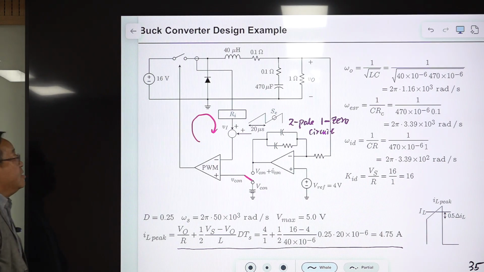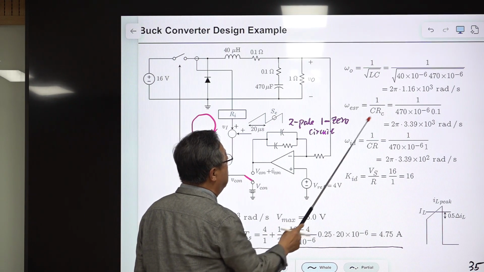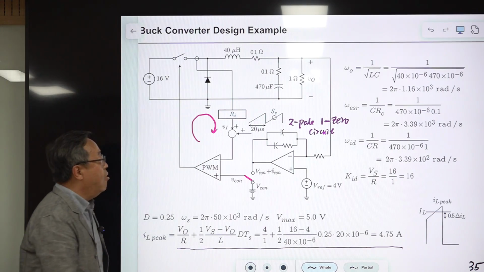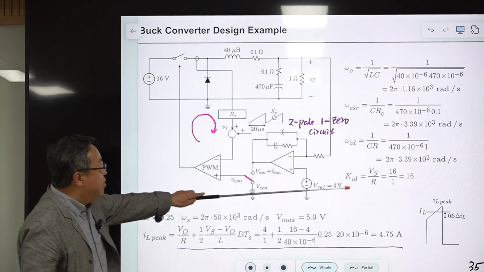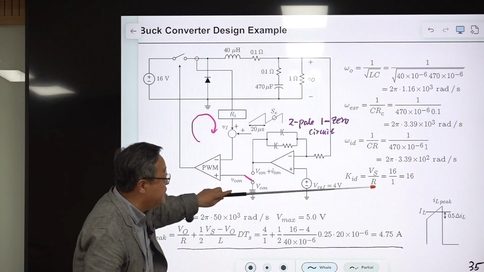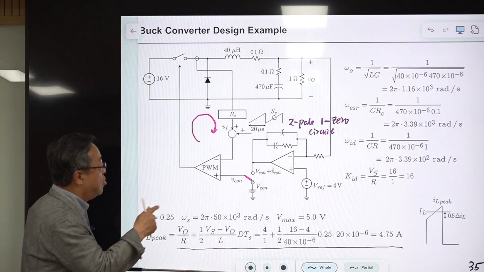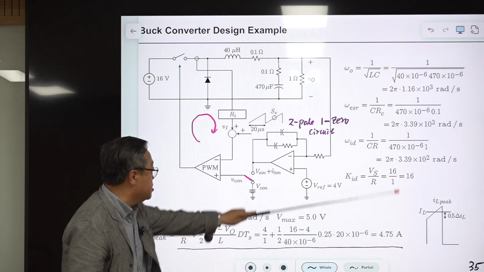Then this is the power stage double pole frequency. The ESR zero is the zero frequency of the duty ratio to inductor current transfer function, and KID is the DC gain of the duty ratio to inductor current transfer function, which is Vs divided by R. So this is 16.